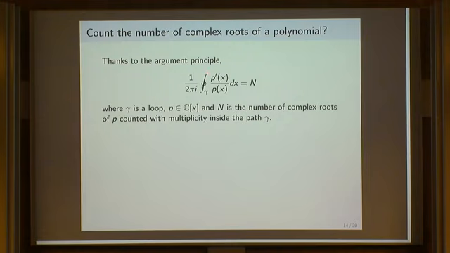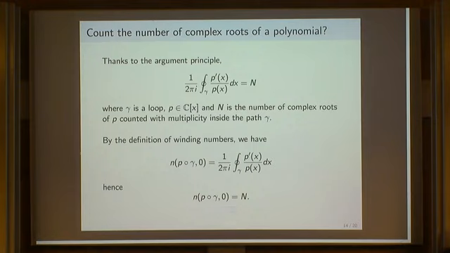Here p prime is the first derivative of the polynomial p. And more beautifully, by the definition of winding number, the winding number of p composed with gamma about 0 is actually equal to this contour integral, and hence again we have winding numbers.